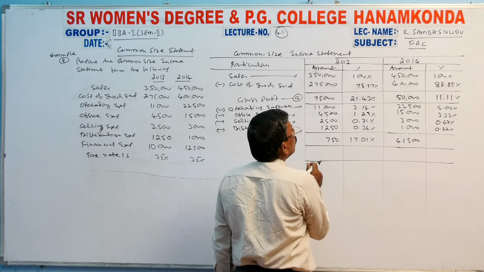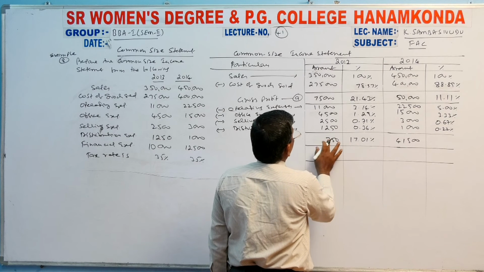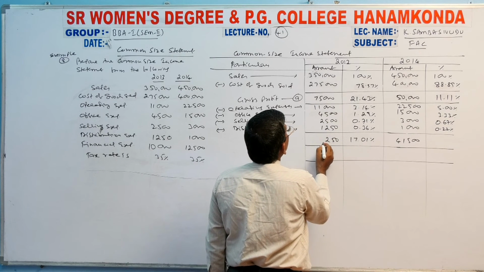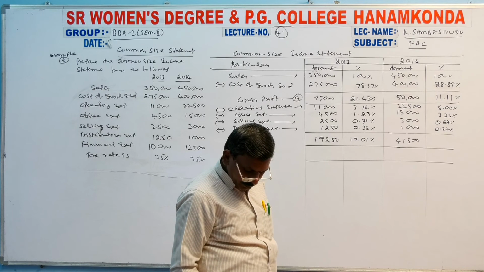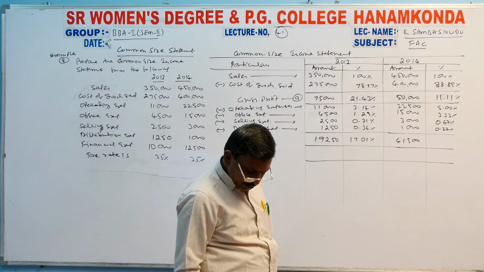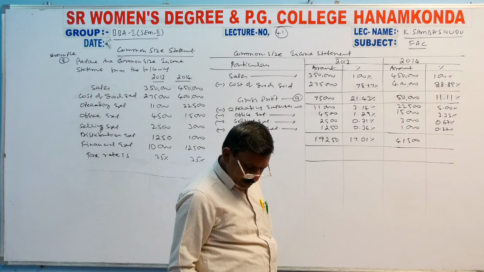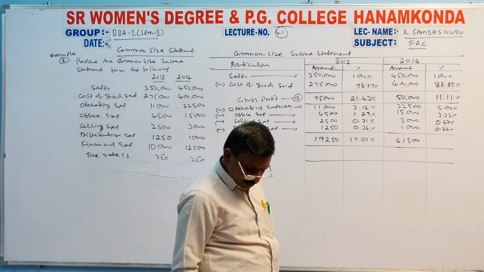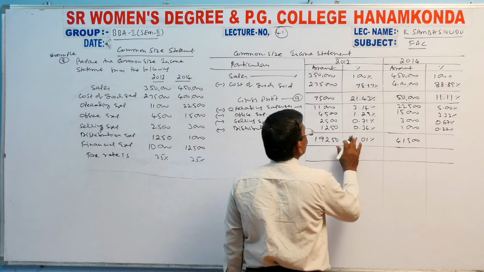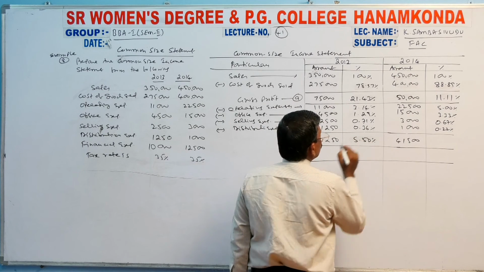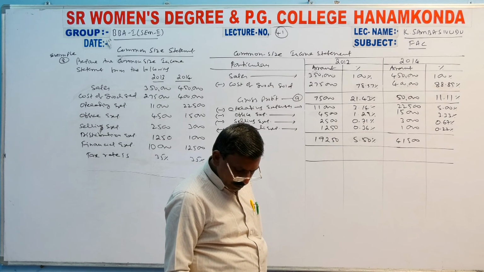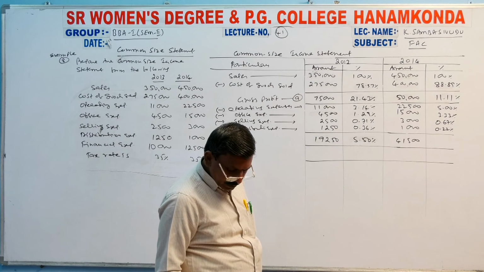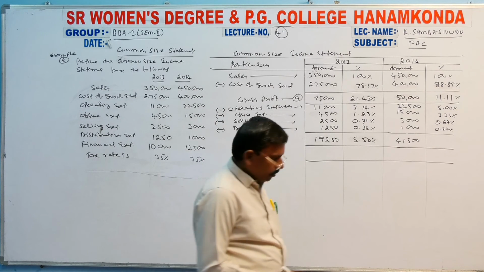So the total is 19,250. So 19,250 divided by 3,50,000 into 100, and 41,500 divided by 4,50,000, 9.22.